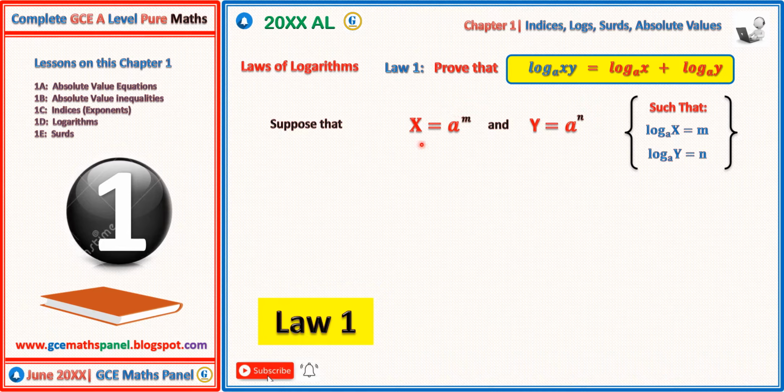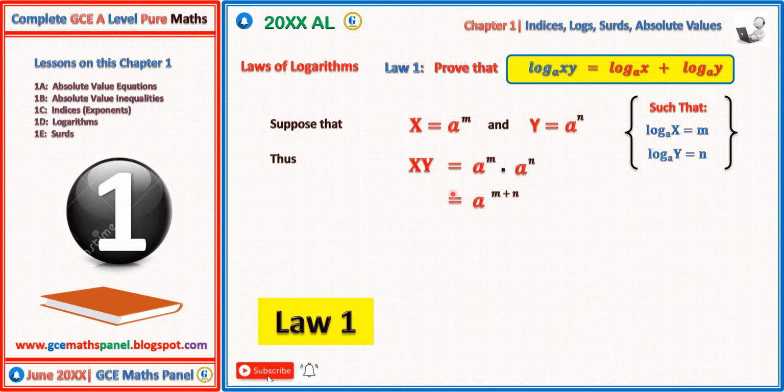Now taking the product of these two numbers, x times y will be equal to a to the power m times a to the power n. From the laws of indices, since the bases are the same, we can add the powers, and this gives us a to the power m plus n.